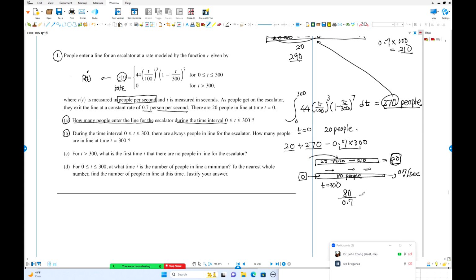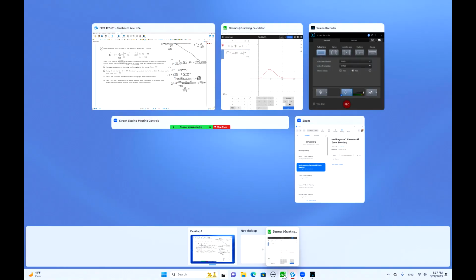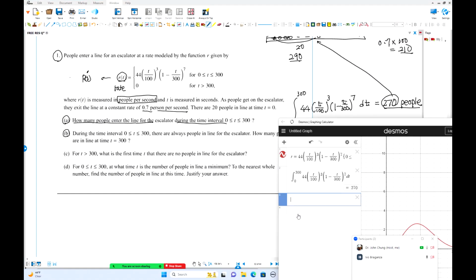Let's find out: 80 divided by 0.7, every second 0.7 people out. It takes 114.286. They didn't say anything about the number of decimal places, so we keep 3 decimal places over here.